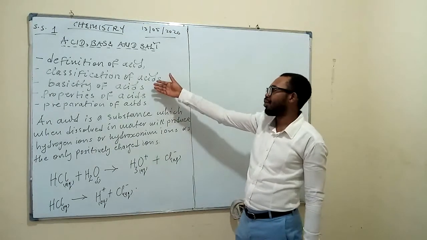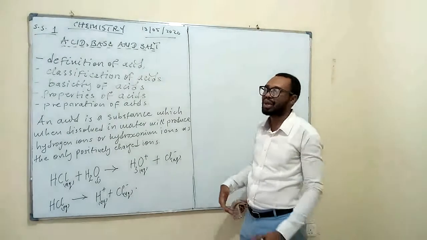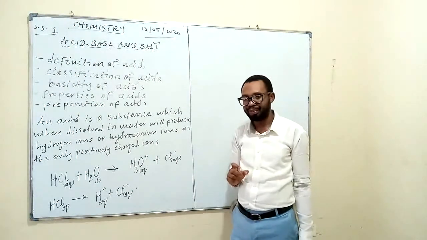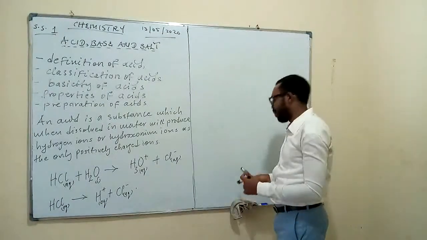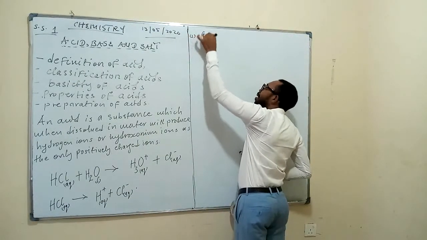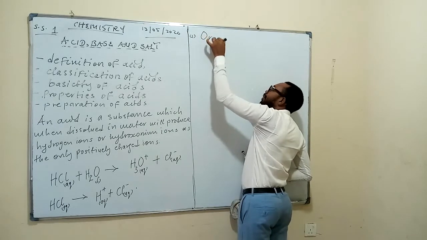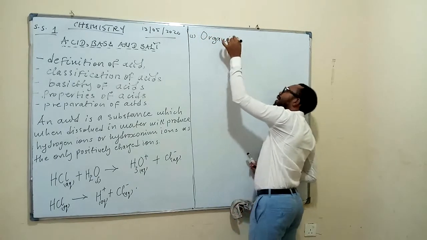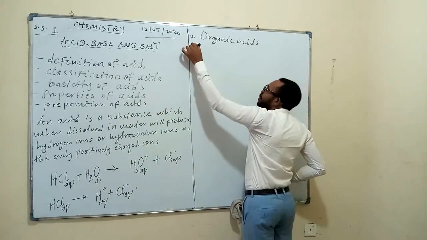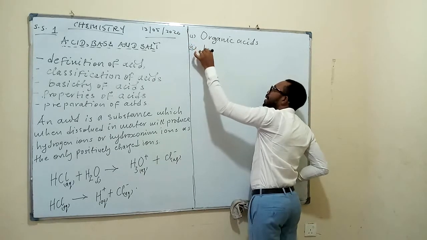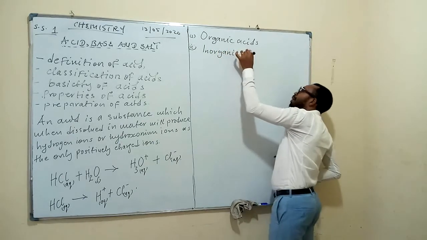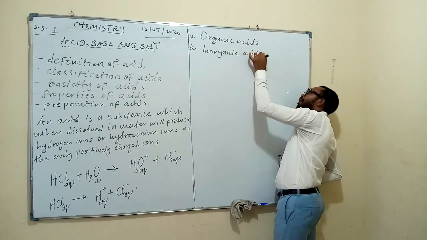Okay? The next thing we will look at is classification of acids. How do we classify acids? Acids are classified into two classes or groups. One, either you call it organic acids, and then two, inorganic acids.